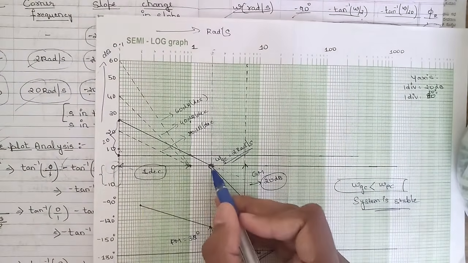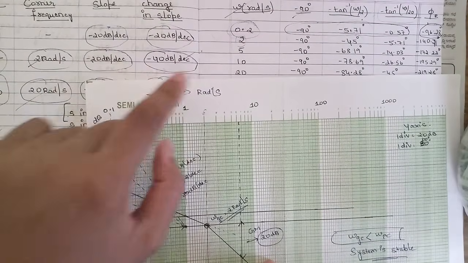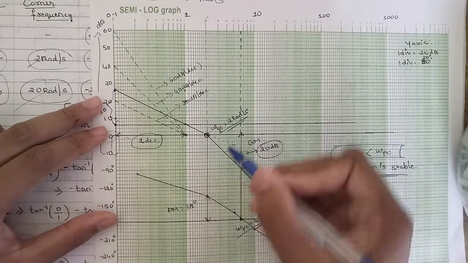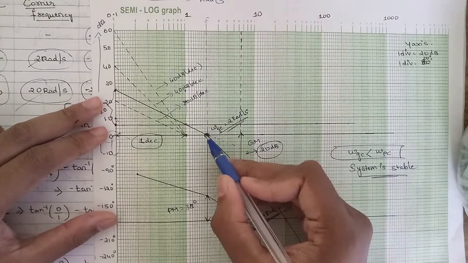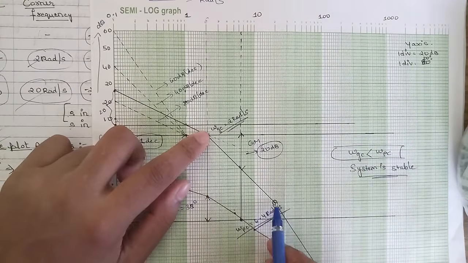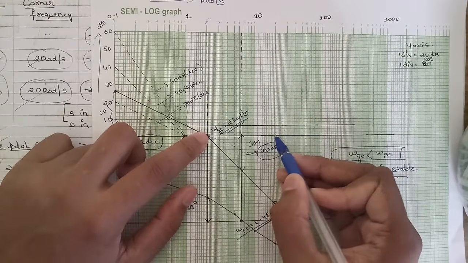From this 2 radians per second, the change in slope is minus 40 dB per decade. So from this point onwards we draw a slope of 40 dB per decade. From 2 radians per second, you change from 20 dB per decade to 40 dB per decade, that is from this 2 to the next 2, which is 1 decade.